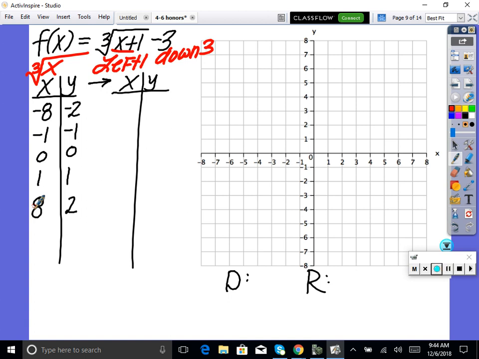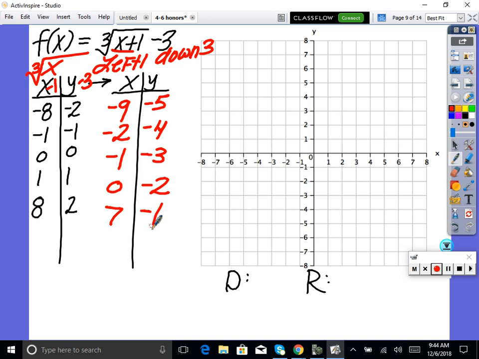Everybody? Okay, so then from there we're going to shift left 1, so subtract 1 from x, and then down 3, subtract 3 from y. So now we have negative 9, negative 2, negative 1, 0, 7. Negative 2 minus 3 is negative 5, negative 4, negative 3, negative 2, and then it looks like negative 1, right? Subtracting 3.